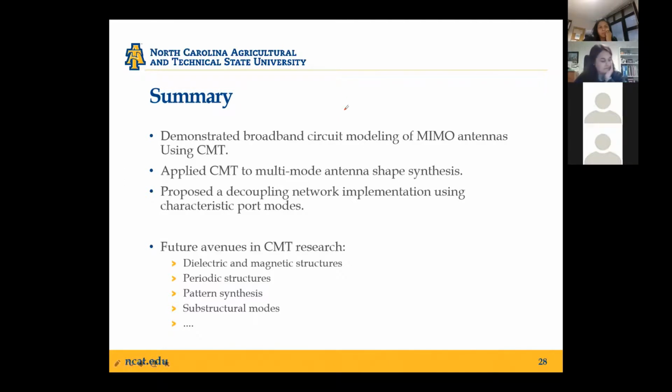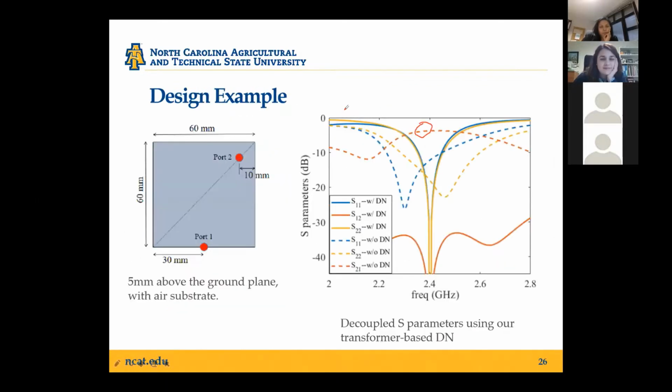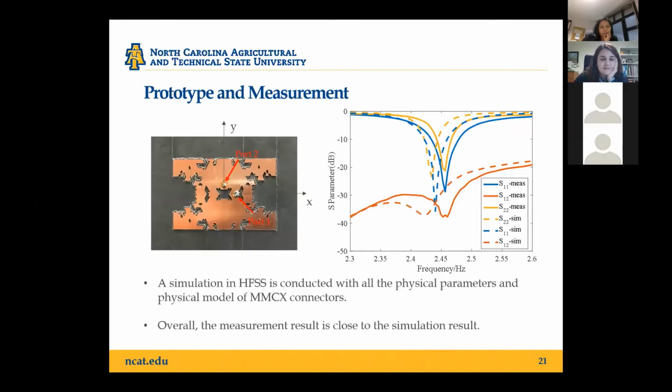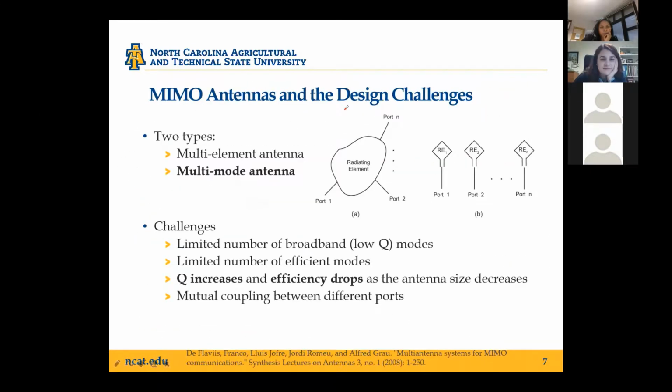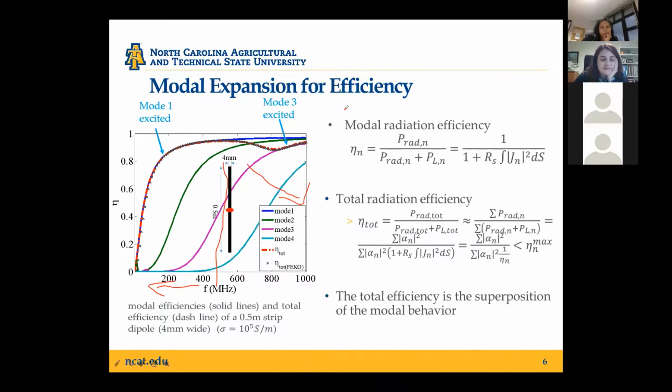So at a slide, I don't know the slide number, but it's before slide number 10, you had a curve where you had a few modes and the efficiency. And what we see is that the efficiency is decreasing for all modes as the frequency increases, right?